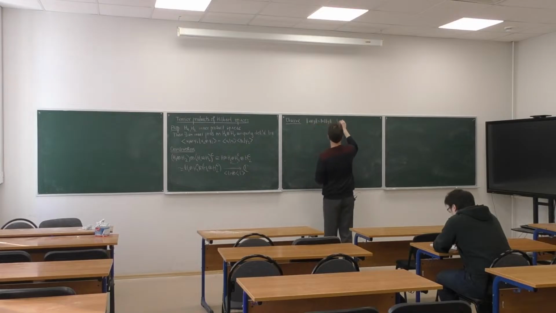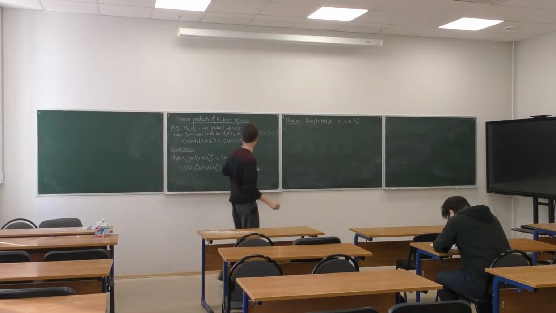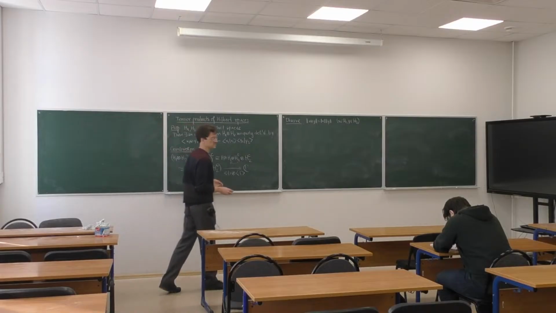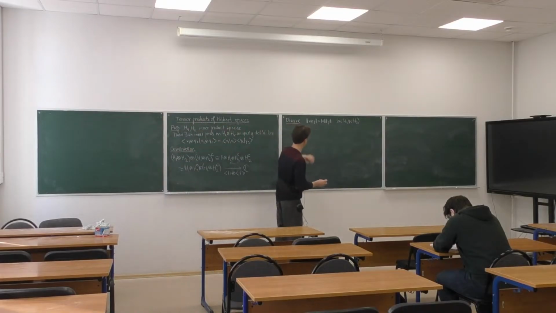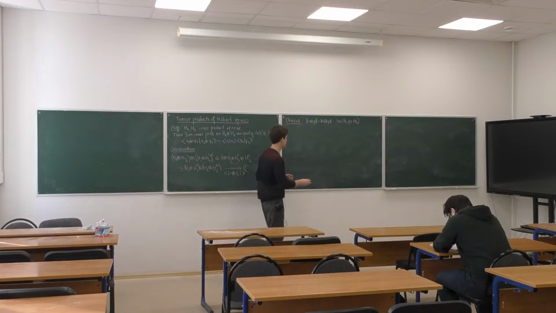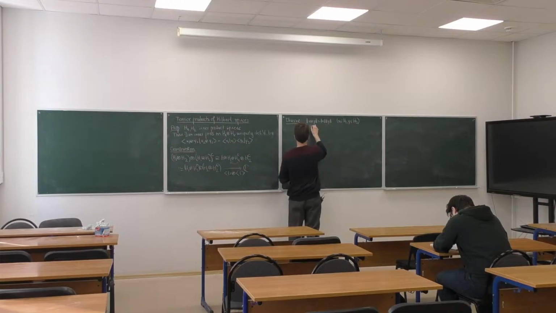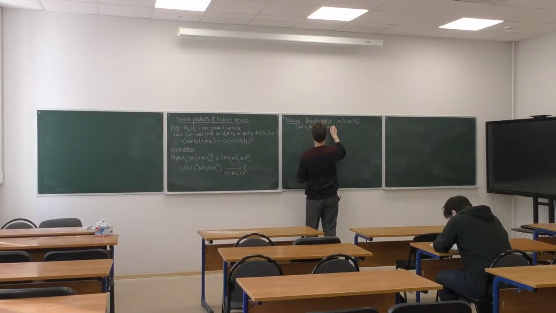This is true for every x in H1 and y in H2. This is immediate from this formula. So norms on tensor products satisfying this condition are called cross norms. The respective norm on the tensor product is a cross norm.